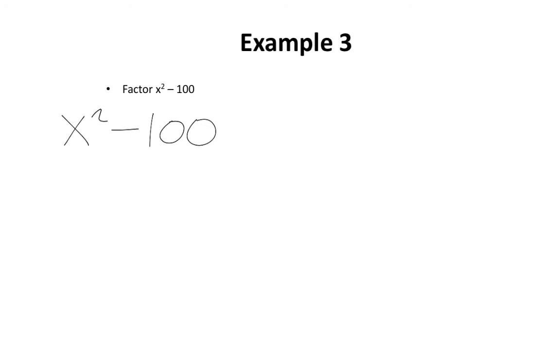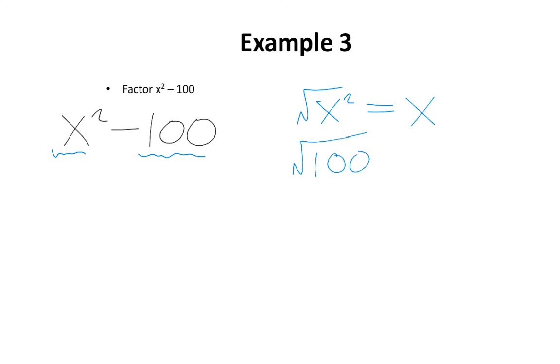So, I want you to take a look at the first term of x squared and the last term of 100. Let's see what happens when I square root these. The square root of x squared is x, and the square root of 100 is 10. Okay, so let's take a look at the pattern for a difference of squares.